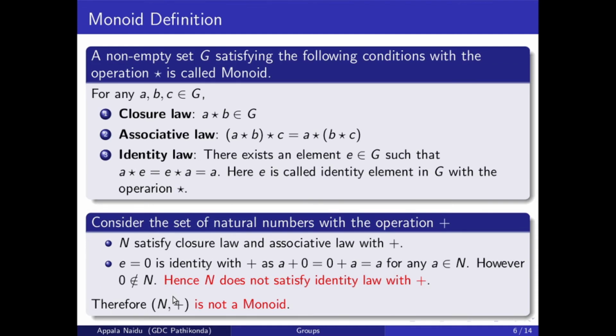Now let us see the definition of monoid. A non-empty set G satisfying these following three conditions is called a monoid.